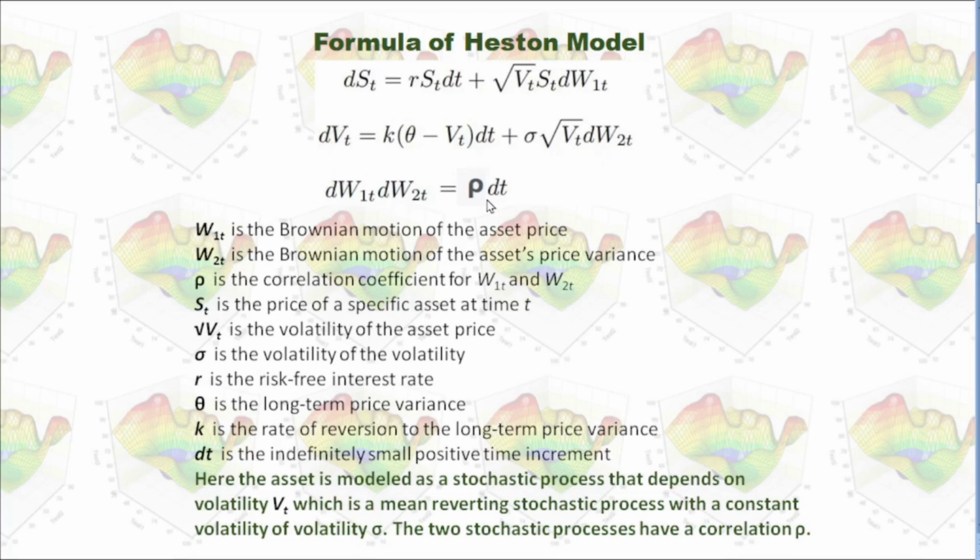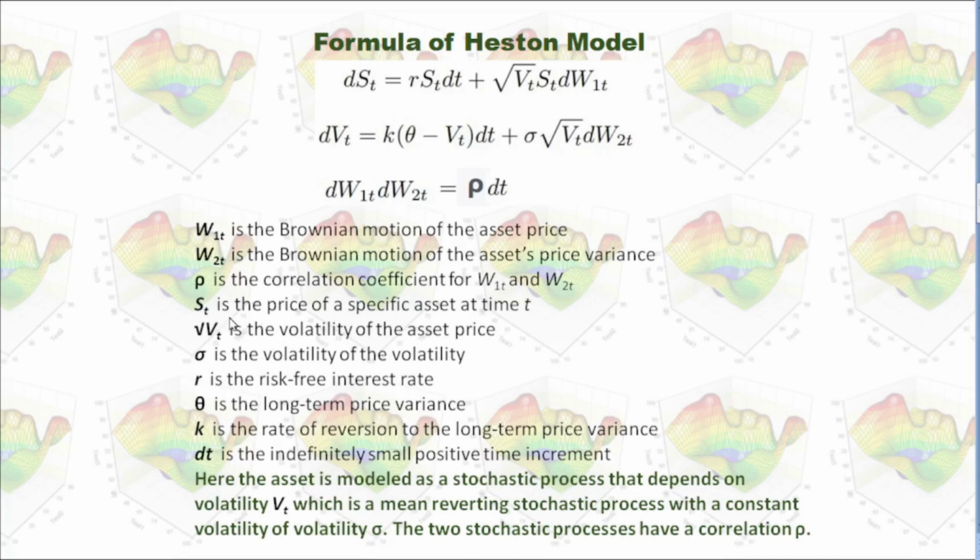And the third equation describes the correlation between W1 and W2, those two Brownian motions. And as I mentioned before, ρ is a correlation coefficient for W1 and W2.